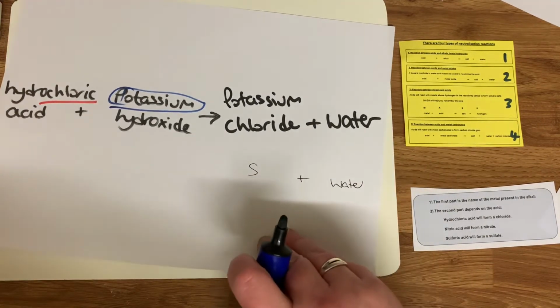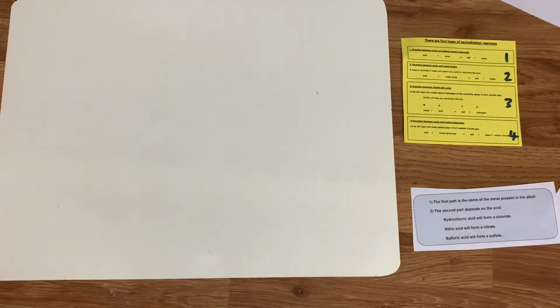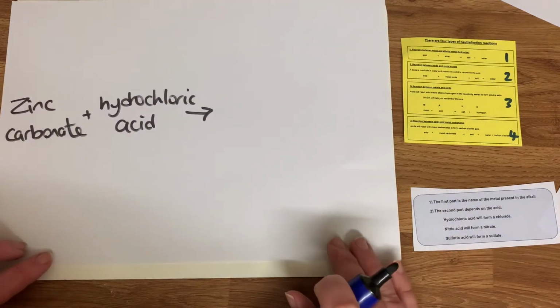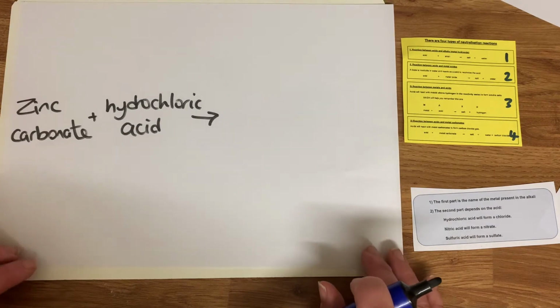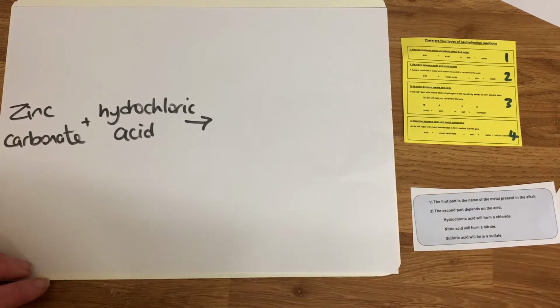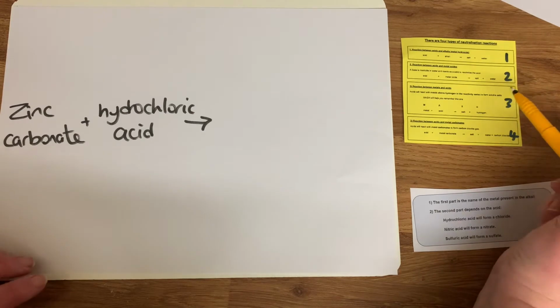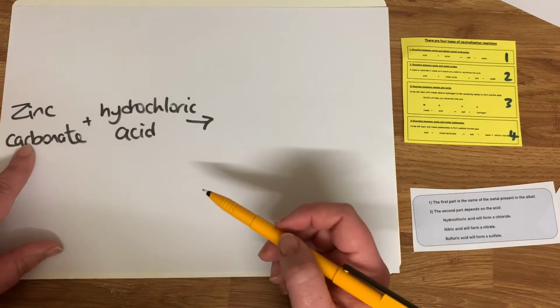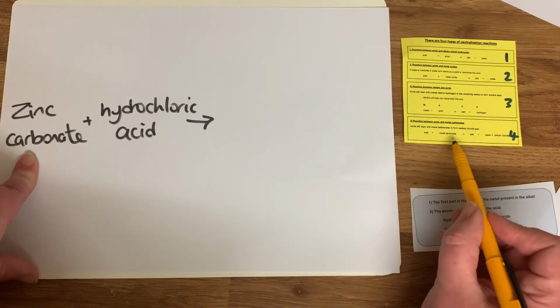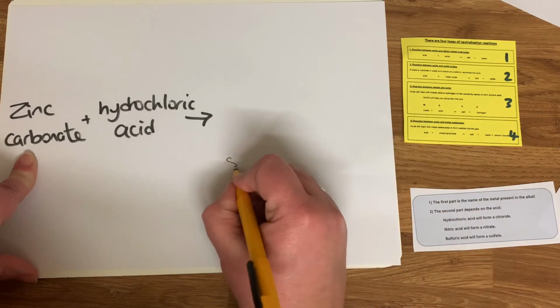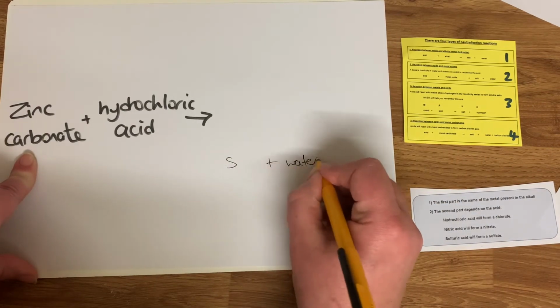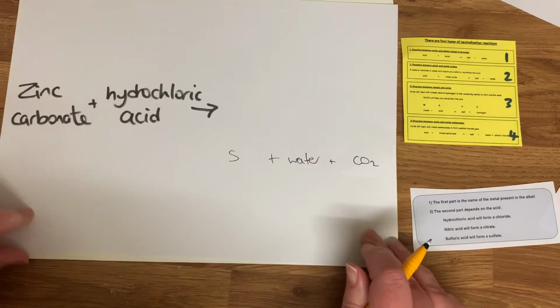How are you getting on with these? Do you think you've understood them okay? Let's try another one. Okay, so let's have a look at this one. We've got zinc carbonate plus hydrochloric acid. So the first thing, remember, is it equation 1, 2, 3 or 4? We've got a zinc carbonate here. That tells me it's number 4, so we're going to get salt plus water plus carbon dioxide formed, aren't we?